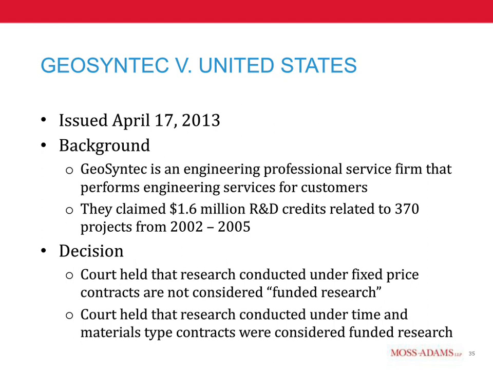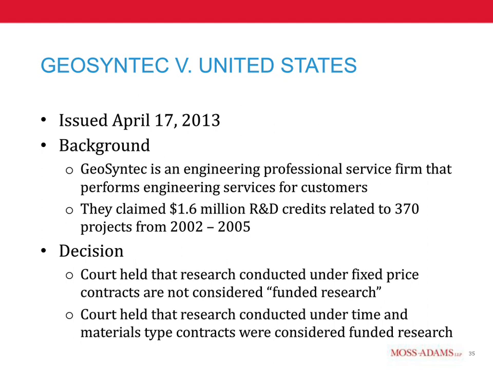So under the fixed price agreement, the taxpayer, Geosyntec, was not going to get paid unless they produced some kind of deliverable, reached certain milestones, or achieved specific results. So they had risk. They had financial risk, which is a requirement. You must have financial risk in order to claim the research credit. So the courts determined that the fixed price contracts were all qualified.